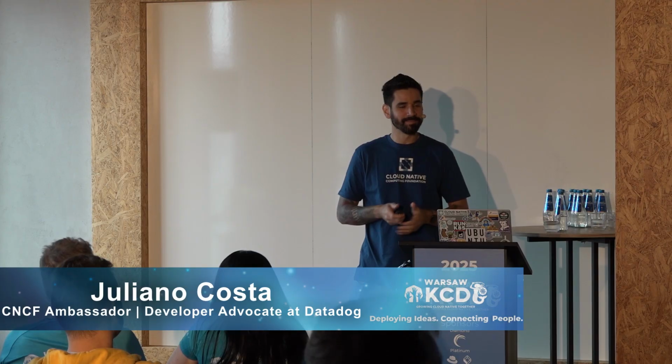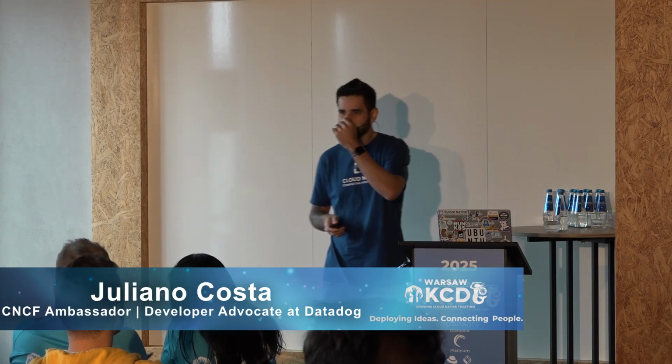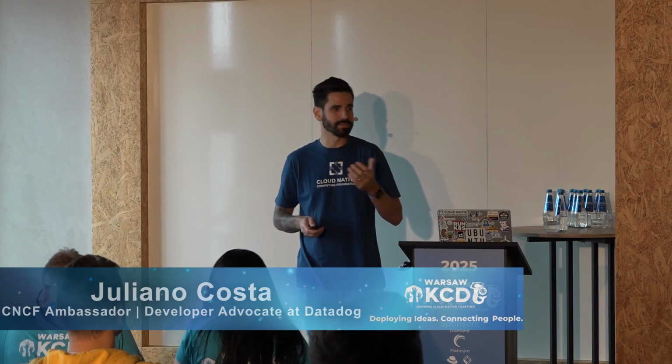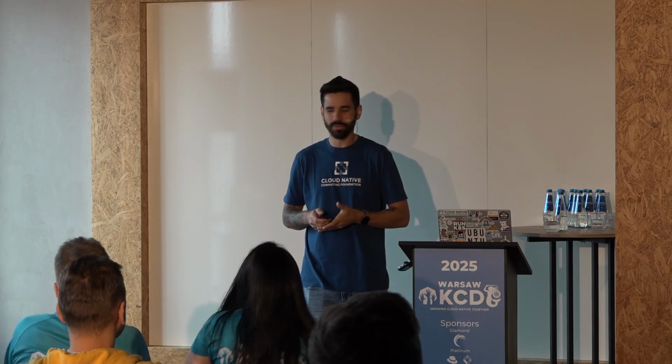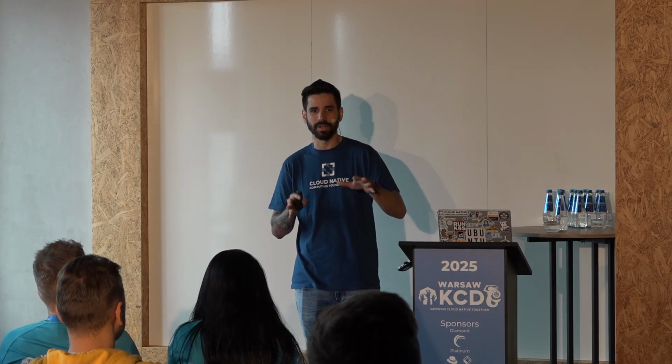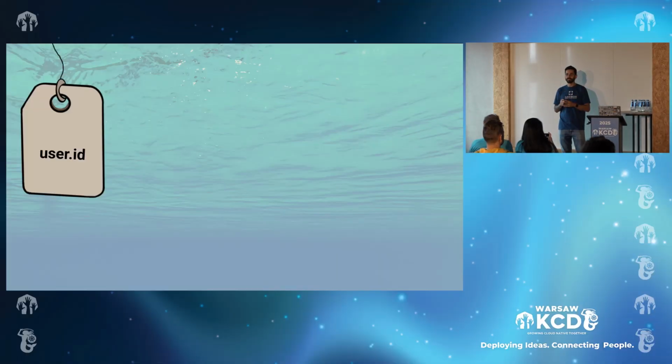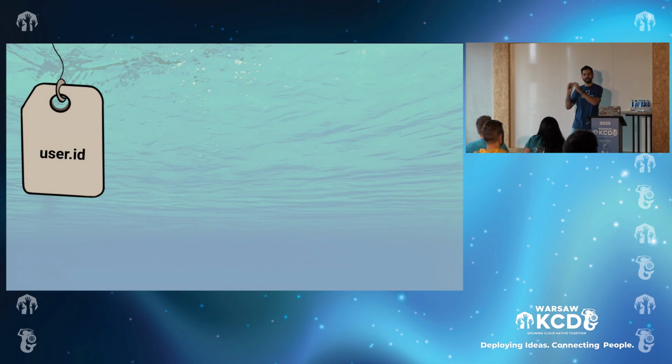Cool. Well, I would like to start with a question for all of you. How many of you have, at any part of your data, metadata or something in a log or in an attribute called user.id?